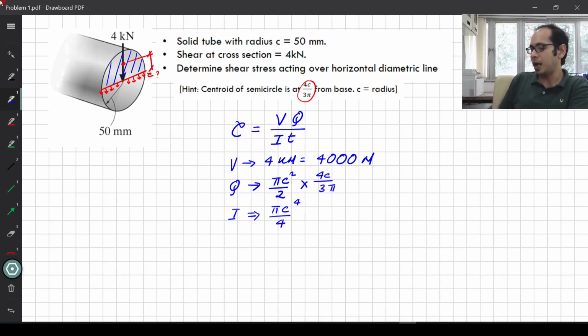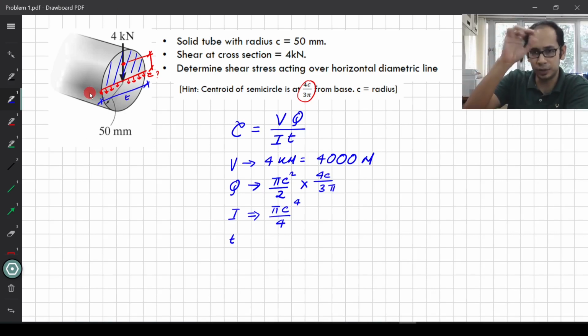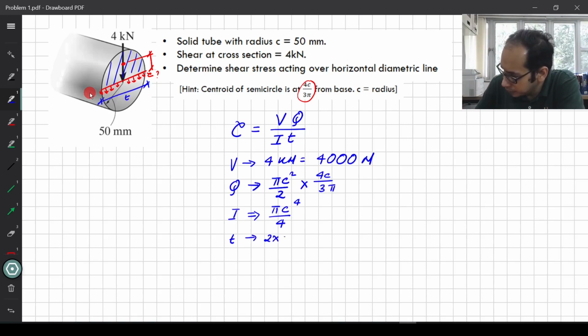And lastly, the width where I'm calculating, this is t. If I was calculating slightly higher, then t would be lesser. In this case, t equals the diameter, that is 2 times the radius, so t is 2c.